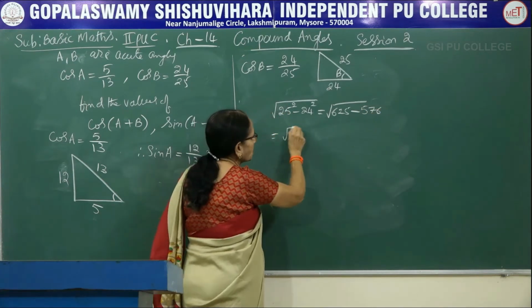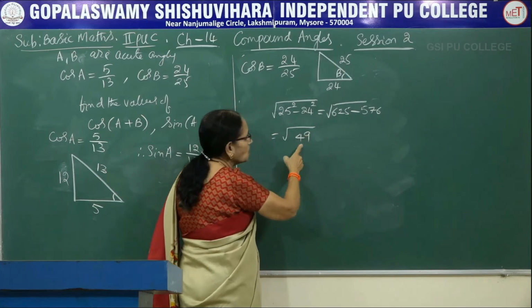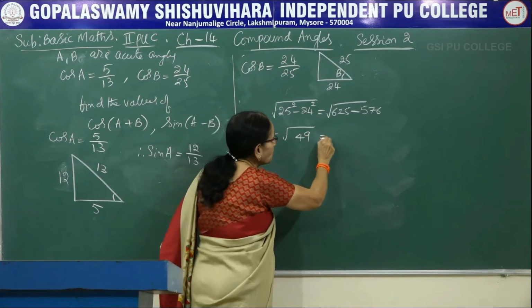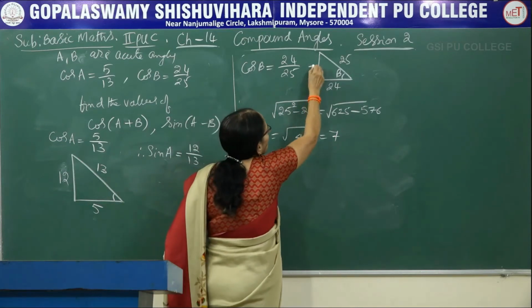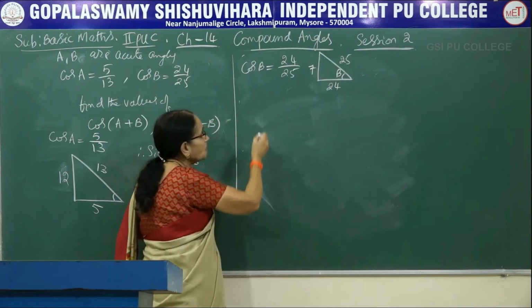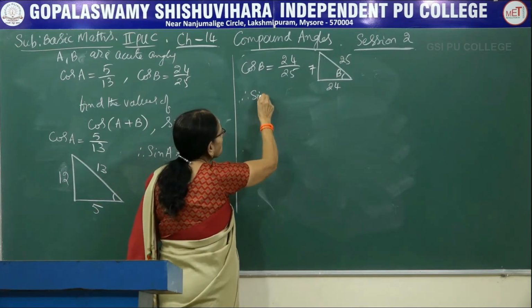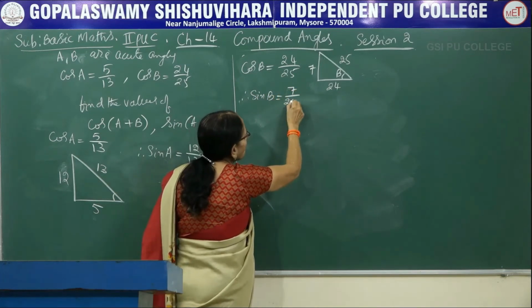Now subtract. What do you get? 15 minus 6, 9. 11 minus 7, 4. You observe it is again a perfect square, that would be equal to 7. So in this case the opposite side becomes 7 units. So cos B is given, therefore you find out sin B, that is opposite over the hypotenuse.